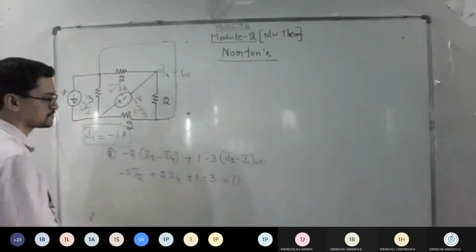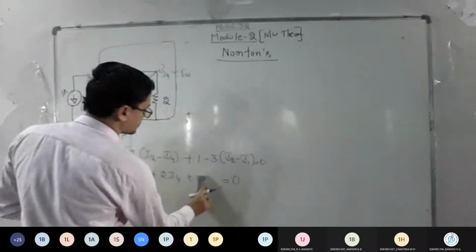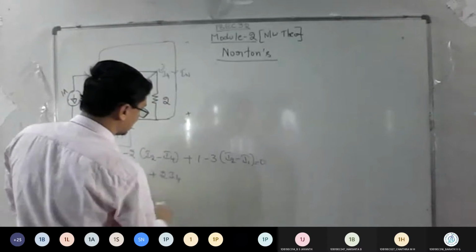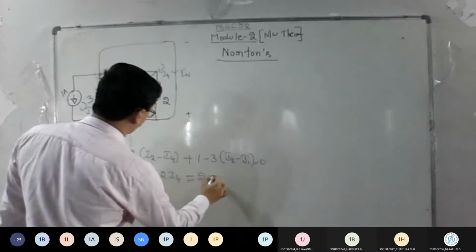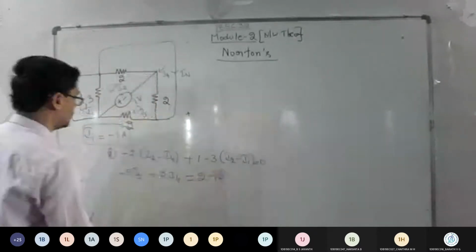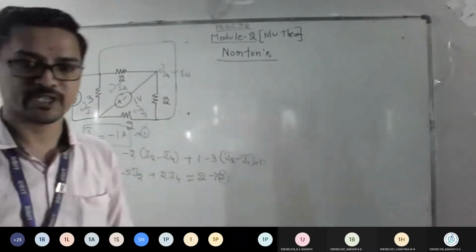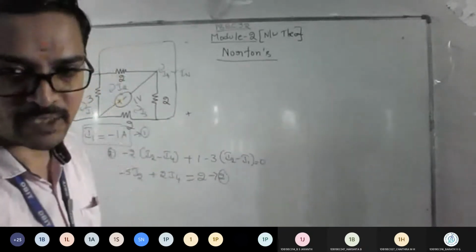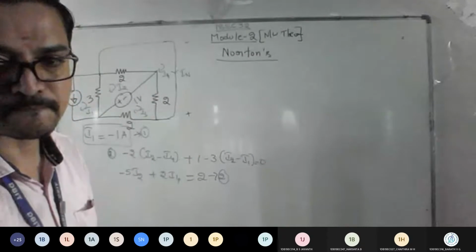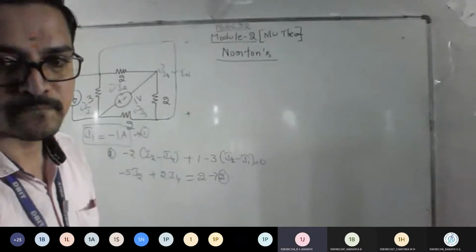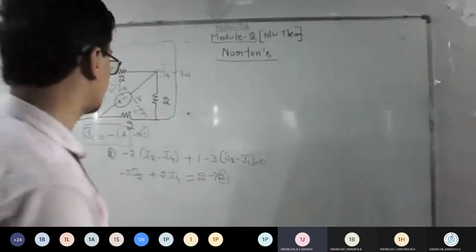So this becomes -2. Yes. When we pull it to that side, it becomes +2. So equation number 2, is it correct? This is equation number 1 if you want your reference. So equation number 2 consists of I2 and I4. Am I clear? Yes, sir.